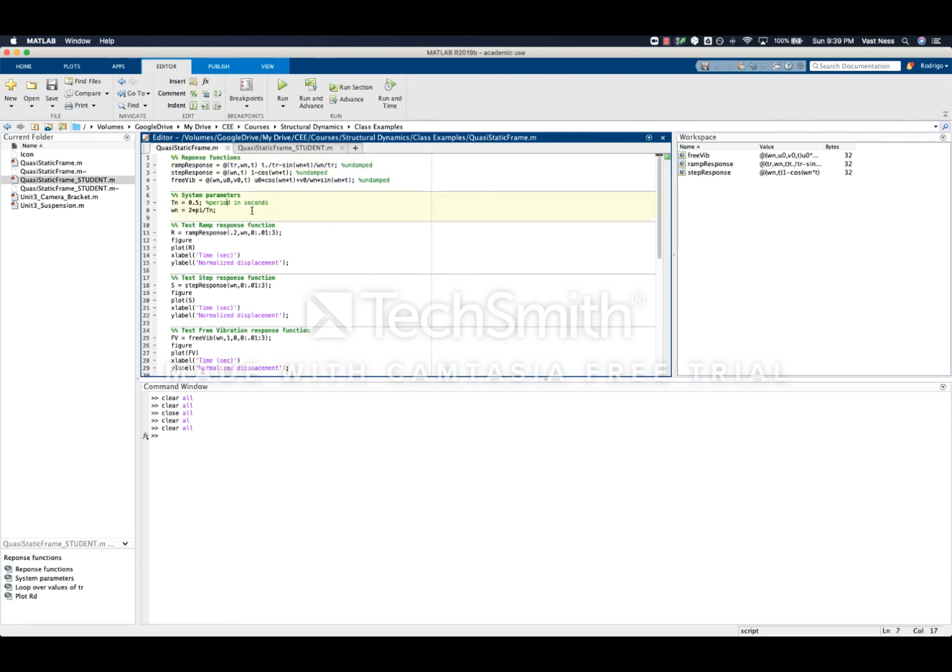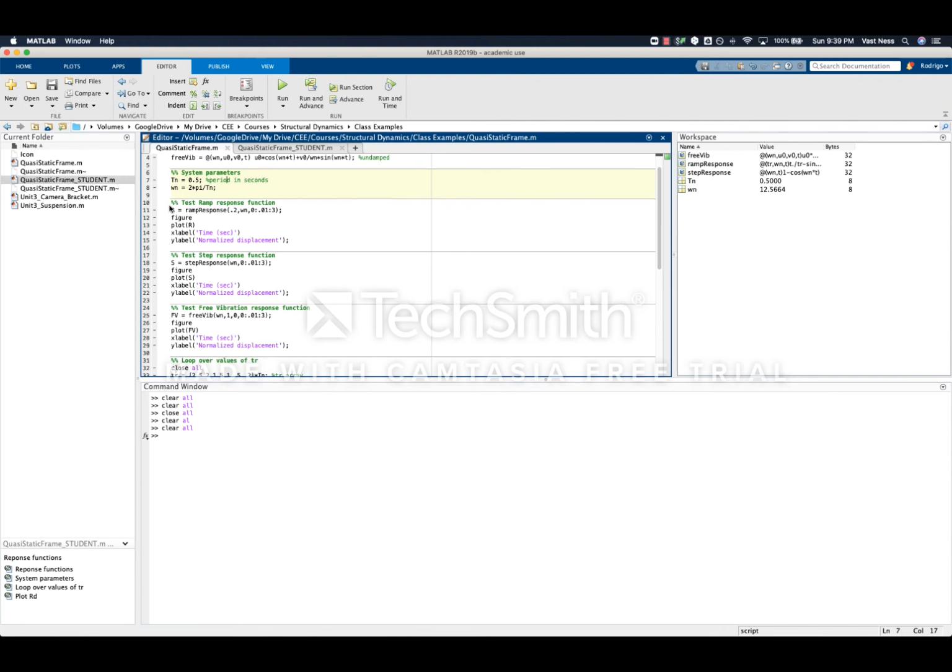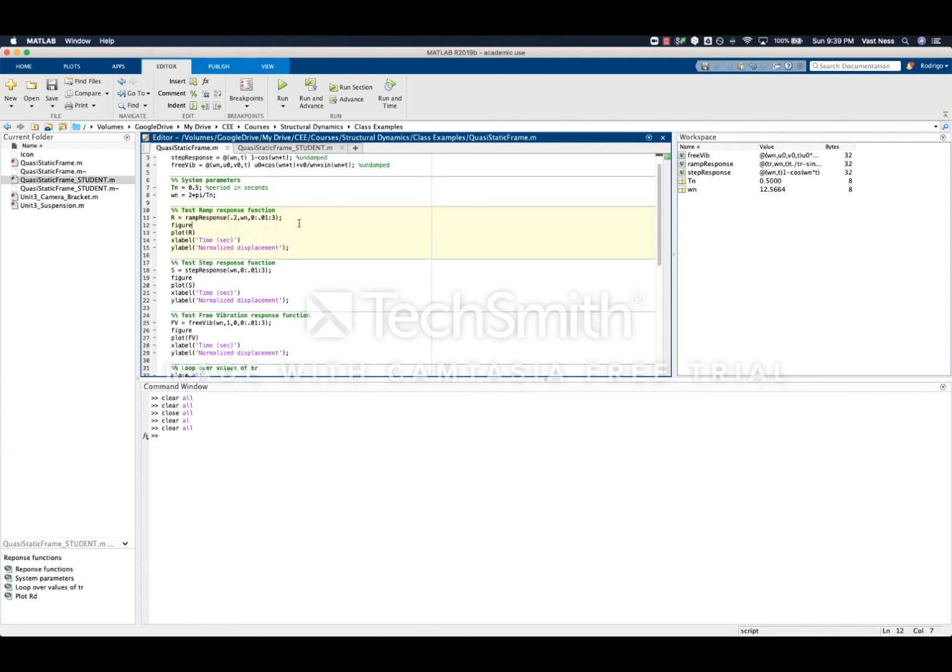Basically, the syntax gives a set of input variables and then defines the output based on those input variables. We're going to have to define a set of system parameters, which the code will ask you to do. This is simply defining the natural frequency in terms of the natural period. And then we can actually test some of these functions just to see what they do.